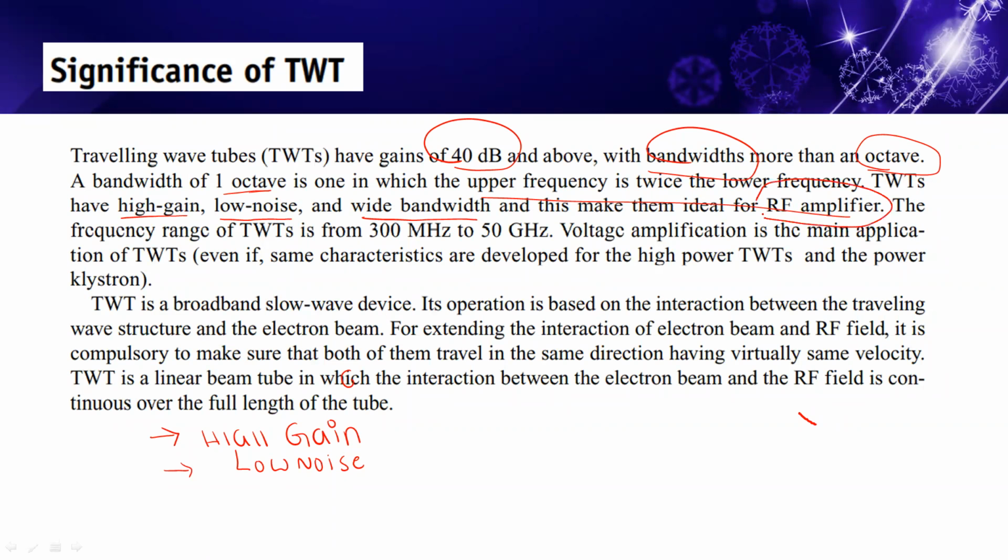With these features, traveling wave tubes are used to construct RF amplifiers. Another significant parameter is the operating frequency: these traveling wave tubes are constructed from 300 megahertz up to 50 gigahertz.